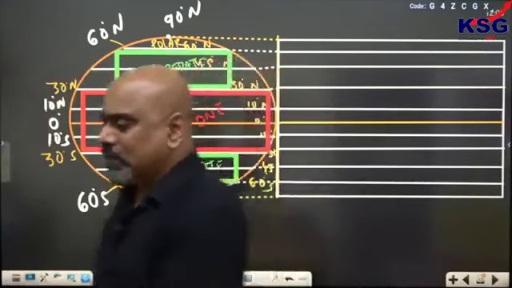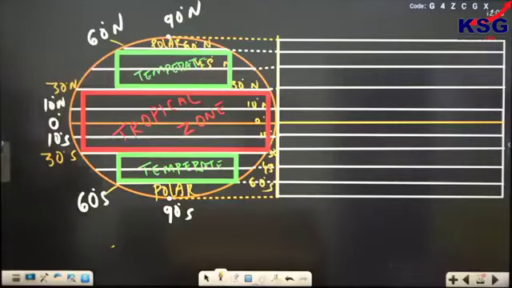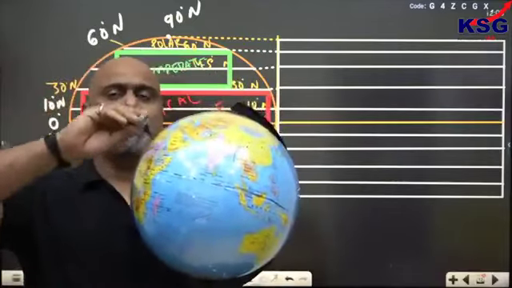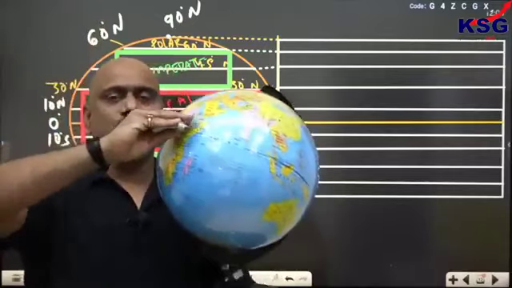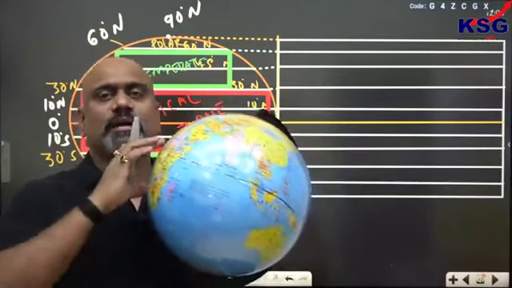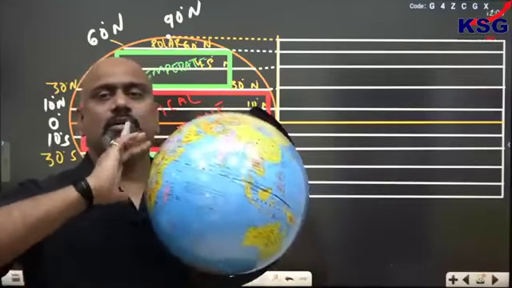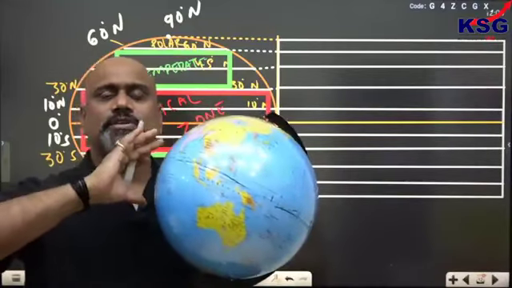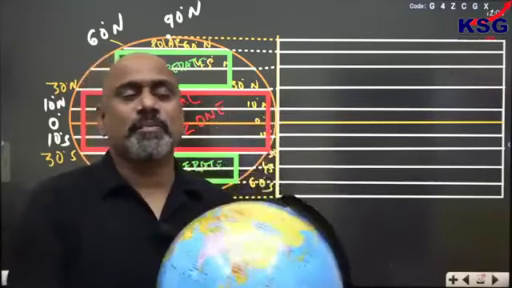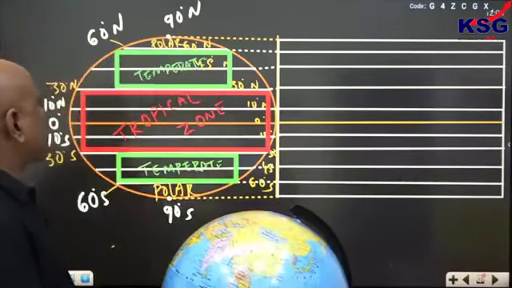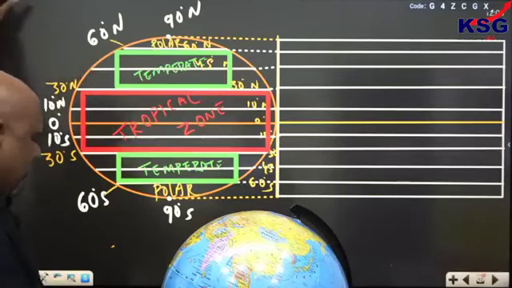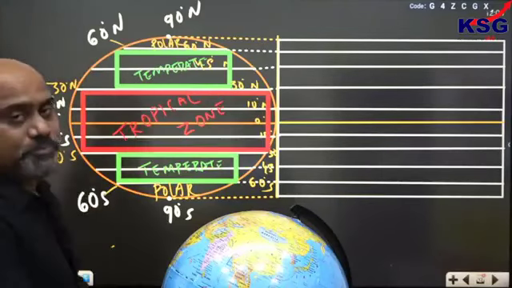So when you see the temperature gradually from the equator to the poles, temperature gradually decreases. That's why there is more temperature at the low latitude, between 0 to 30 degree latitude. It is known as tropical climate. Between Tropic of Cancer and Tropic of Capricorn, generally it should be from 23.5 degree north to 23.5 degree south.